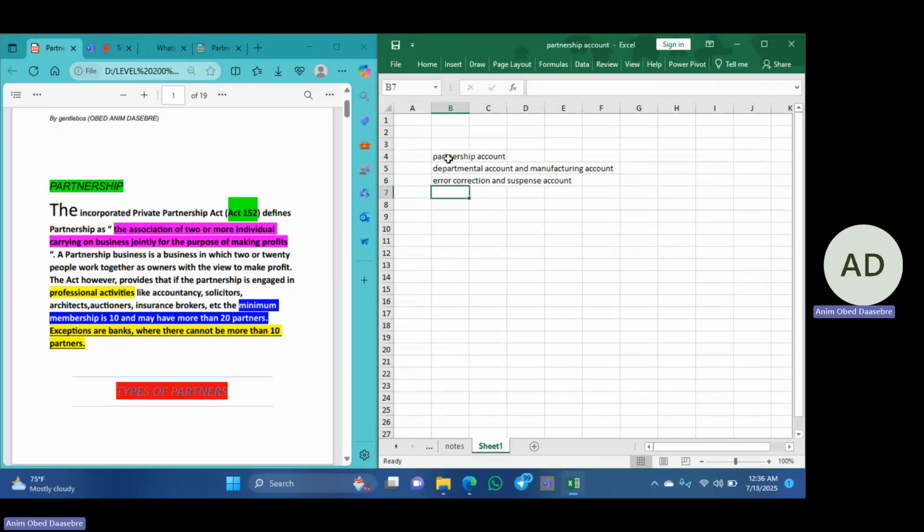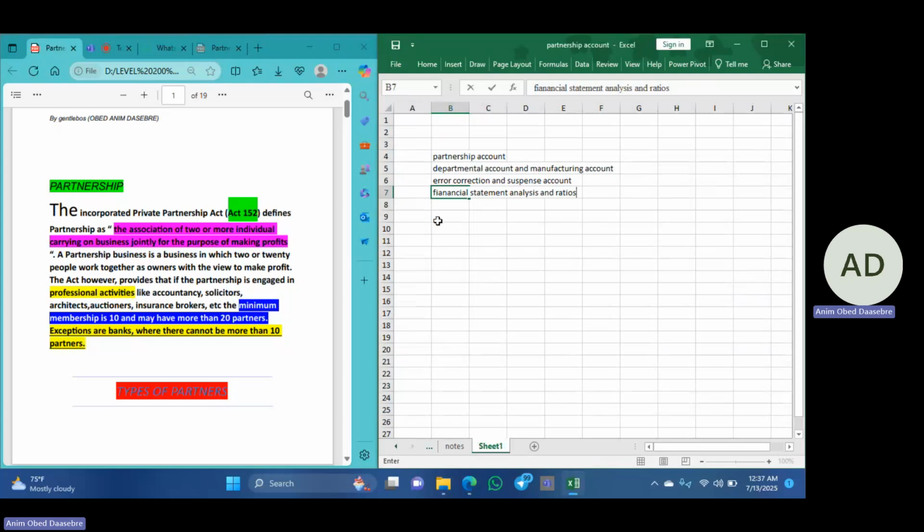Then finally, we will end by looking at the financial statements analysis and ratios. Okay, so guys, these are the 4 areas that we are going to discuss from now to the end of the tutorial session that I'll be doing to help you with your exams, right?